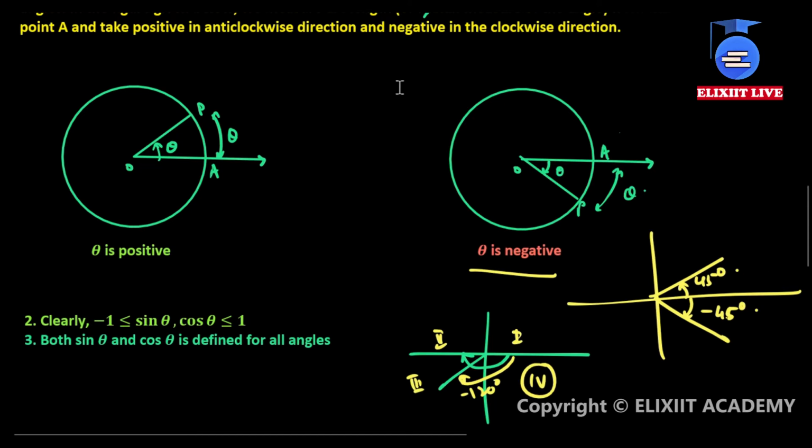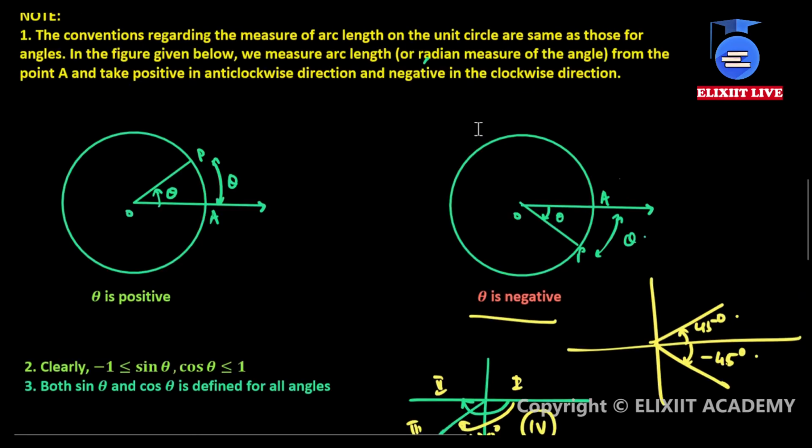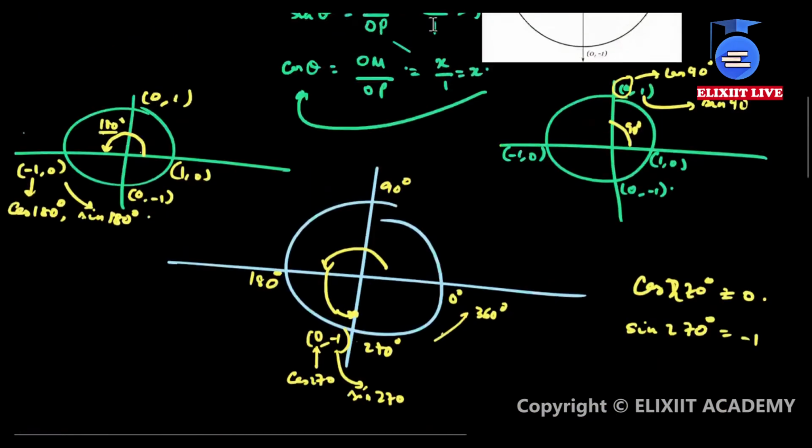And sine theta and cos theta, which you have seen so far, even consider from this diagram sine 360 degrees. Sine 360 means this entire rotation, means you are once again coming back to this particular part. Sine 360 is the same as sine 0.